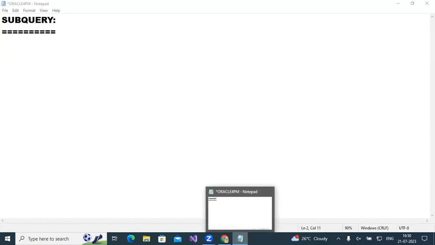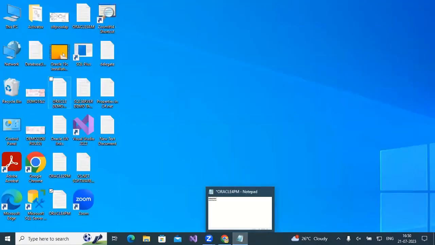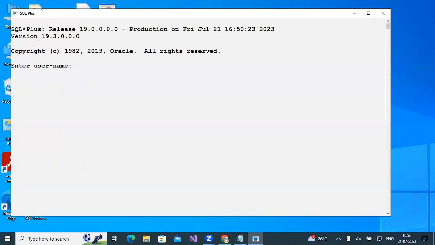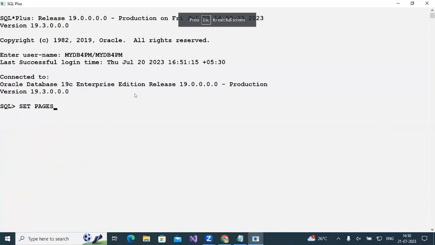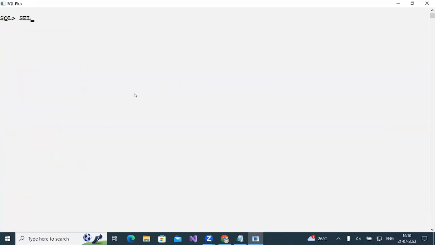The main reason why we need to write subqueries, for example, I'm giving one requirement. Check it out. So, what is my requirement in this case? Suppose this is my table information.